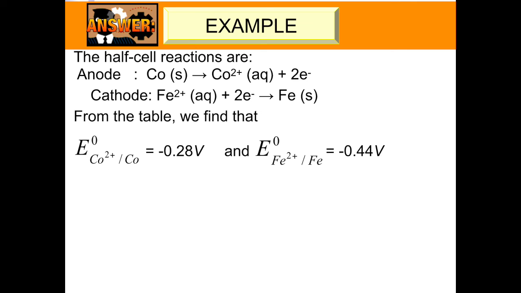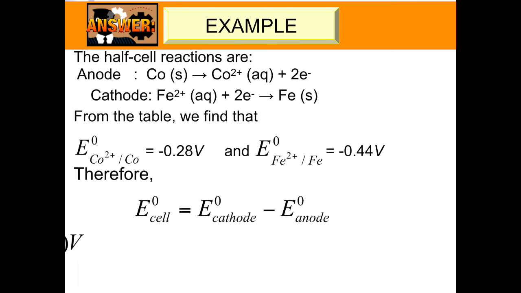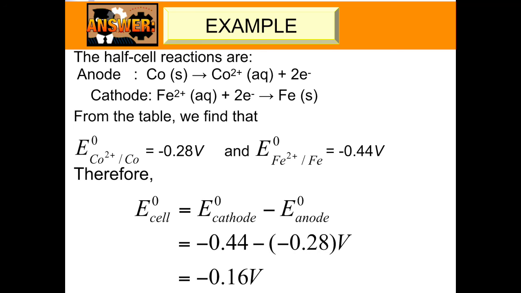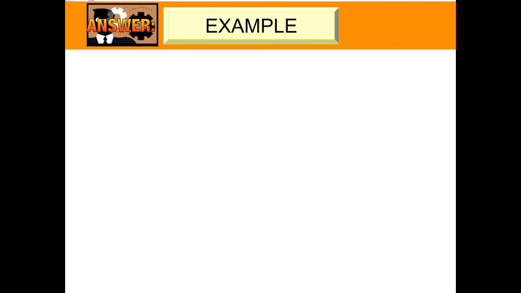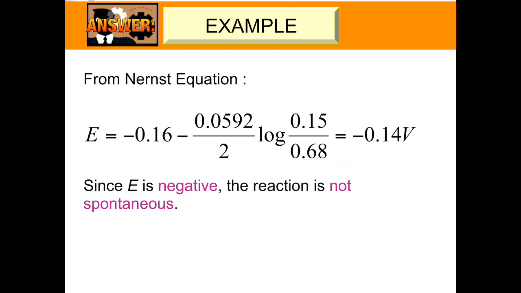So, by using the formula E naught cell equals E naught cathode minus E naught anode, where the cathode is ferrum, -0.44, minus anode for cobalt, -0.28, and we will get the answer, -0.16 volt.